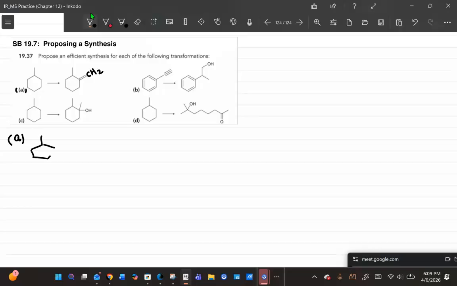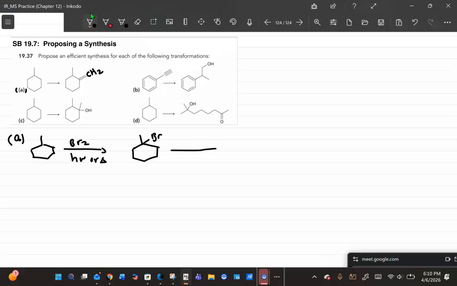And usually for radical, it's not NBS for alkane. For alkenes and benzylic carbons, it will be NBS. Okay, so Br2 heat, we know it's going to go to the more substituted carbon because of the tertiary radical intermediate. It's not going to go where that CH2 is, where that double bond is.